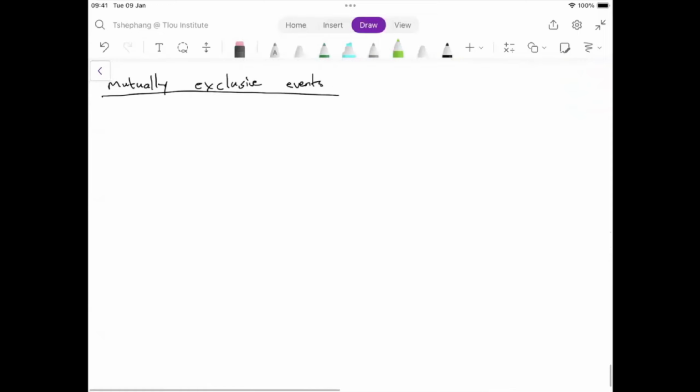Now we're talking about a mutually exclusive event. What do we even mean when we say events are mutually exclusive? We simply mean what? They cannot happen at the same time.